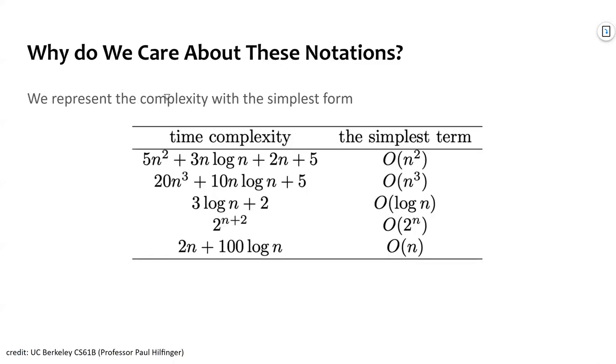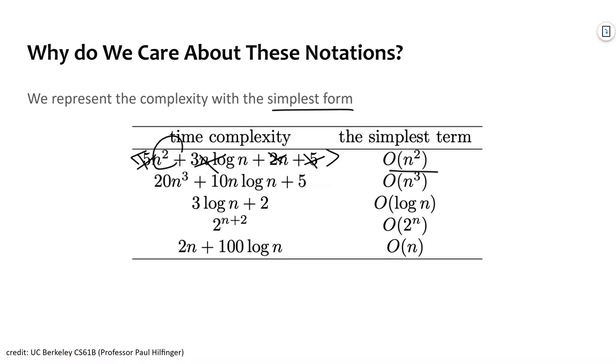And we represent the complexity with the simplest form. Let's say the time complexity of this one, we do not care about these small numbers and even the constant. As you saw in the definitions of big omega, big O, and big theta notations, we don't need to care about these constants. We only care about this term, so the simplest form becomes big O n squared.